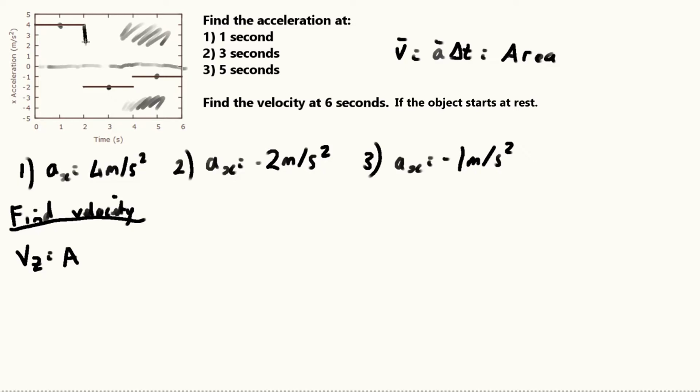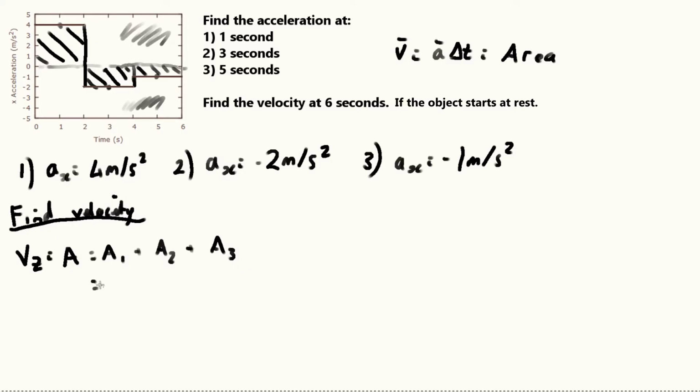So therefore, I'm just going to draw lines down here, and then we can begin to highlight out the areas we need to consider as such. We're going to call them A1, A2, and A3 respectively, where A1 goes between 0 and 2 seconds, A2 goes between 2 and 4 seconds, and A3 between 4 and 6 seconds.